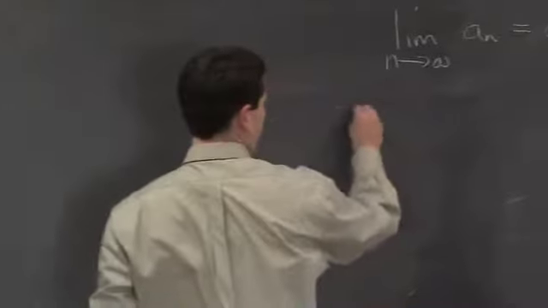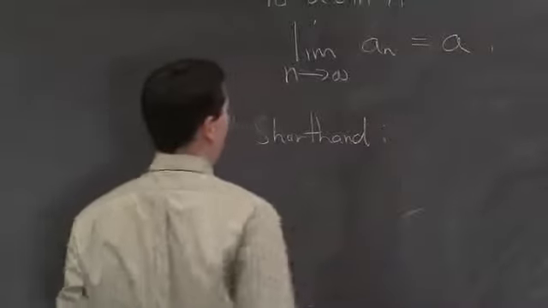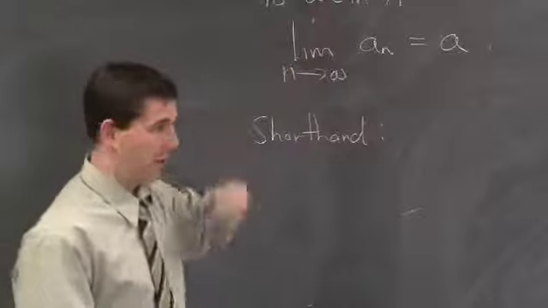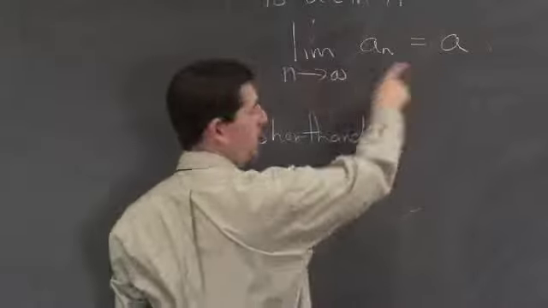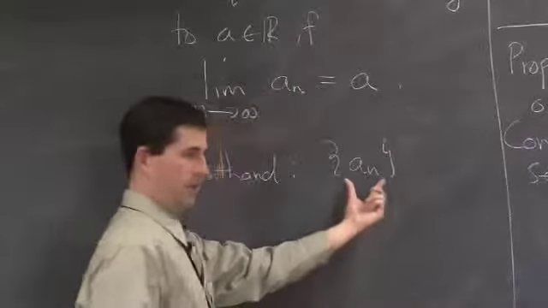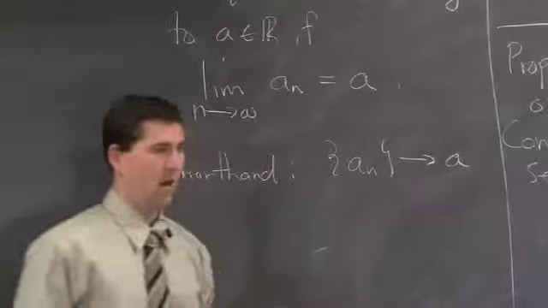I just want to introduce a little shorthand notation. Where you have a convergent sequence that converges to the real number A, instead of writing down this limit expression, we'll sometimes write a sequence AN, then a little arrow and what it converges to.